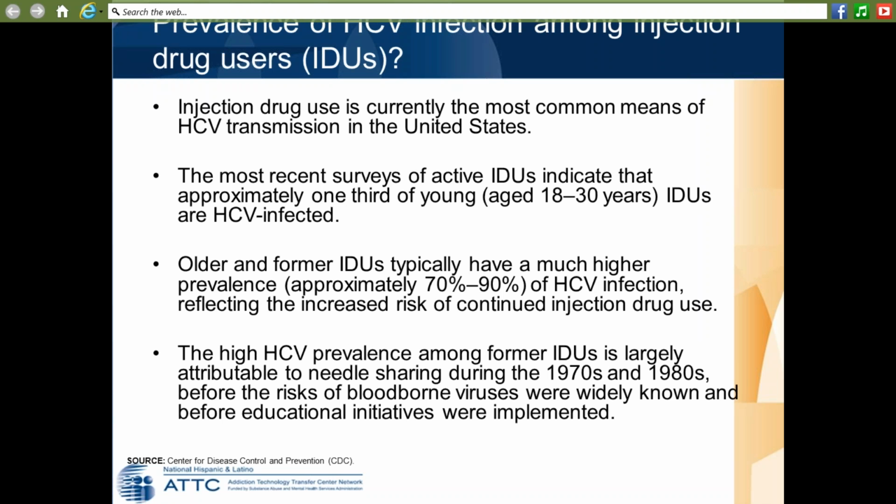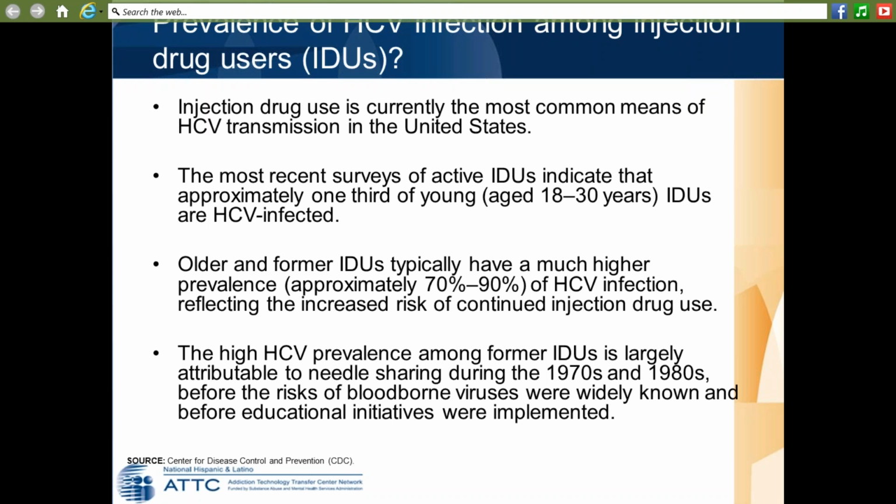You heard Dr. Monterrey talk about prevalence, and I just want to cover a little bit more among injection drug users. And so it's the most common means of HCV transmission in the U.S., that is injection drug use. The most recent surveys of active injection drug users indicate that approximately one third of young injection drug users are HCV infected.